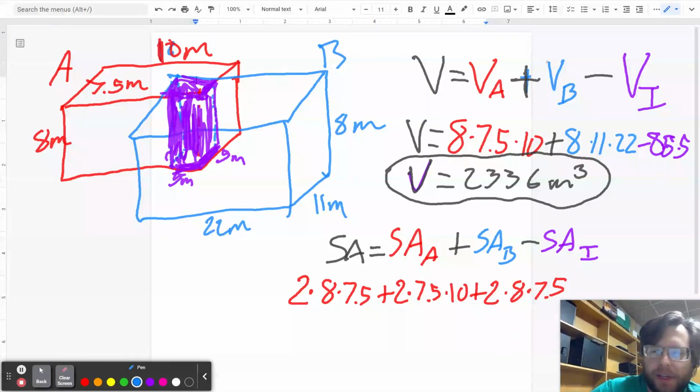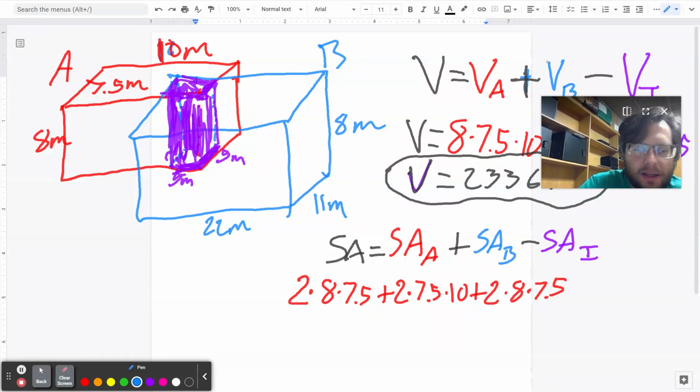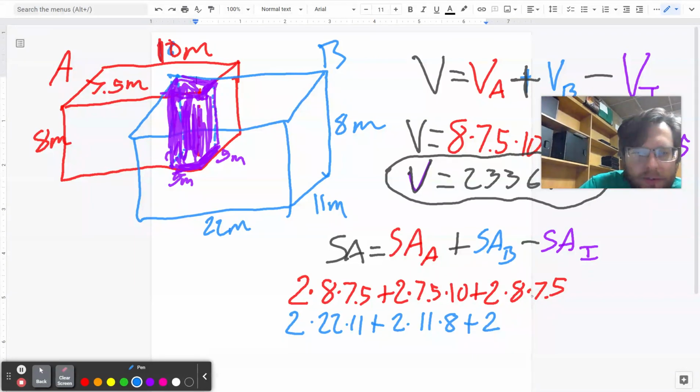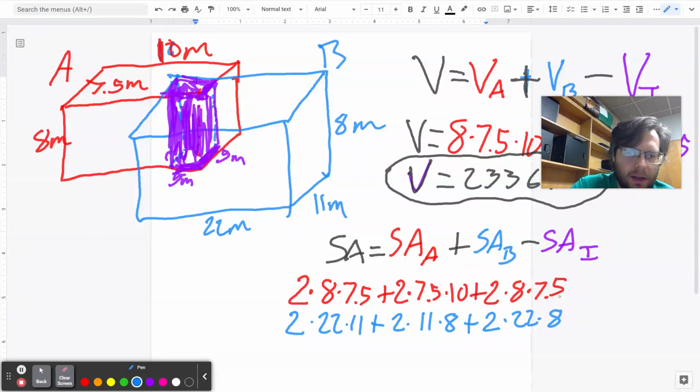Same sort of process with B. We have two sides that are 22 by 11, two sides that are 11 by 8, and two sides that are, what's the other one, 22 times 8. And then we want to subtract the intersection there.